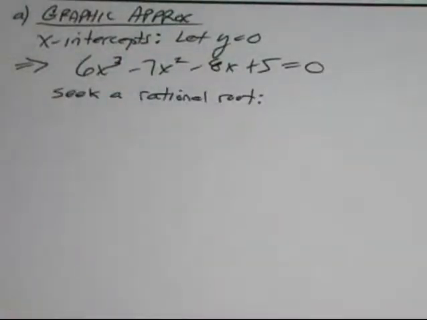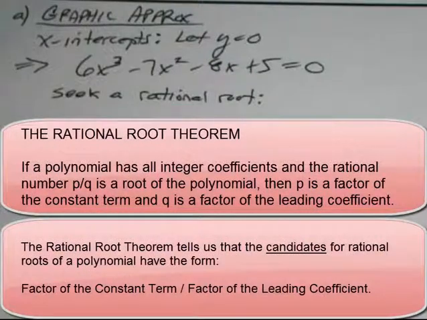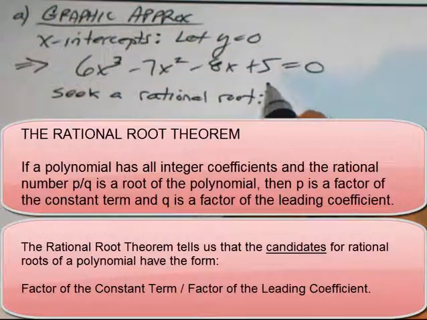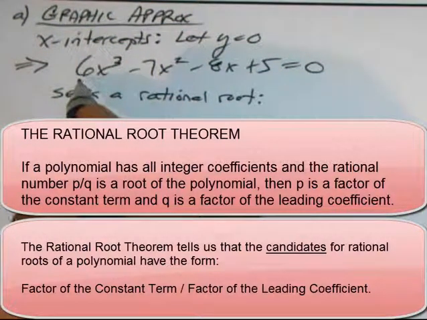Alright, and so by the rational root theorem, the candidate rational roots for this equation would be any number we can make up by using a factor of the constant term in the numerator and a factor of the leading coefficient in the denominator.